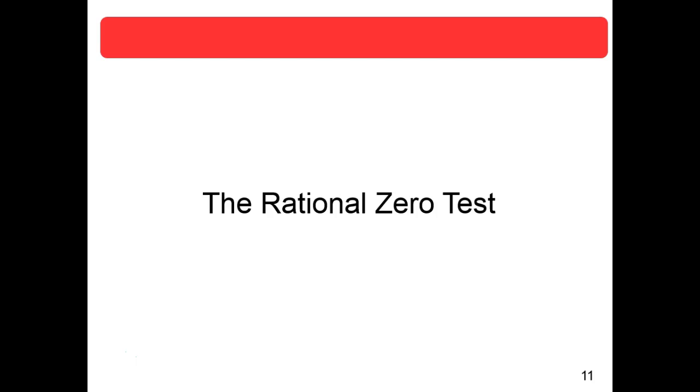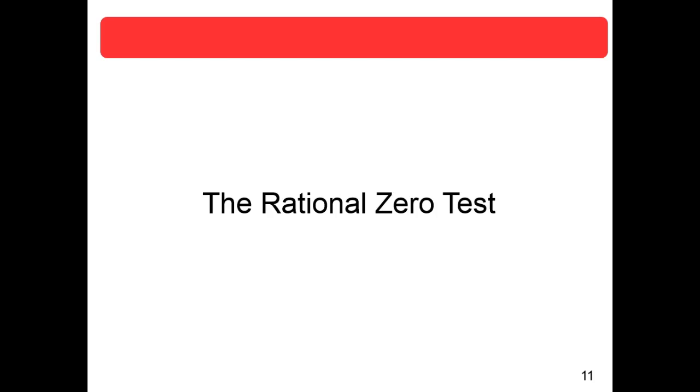Now, if you got a quadratic, factor it, or use a quadratic formula. But for the higher level, hey, it gets a lot harder. Here is the one test that I think is going to help you more than any other single test to find those zeros of a polynomial function.